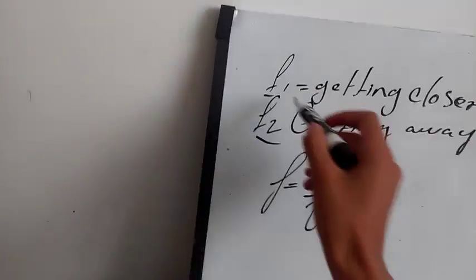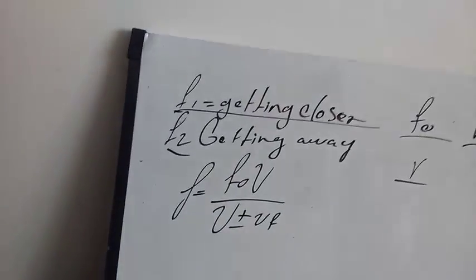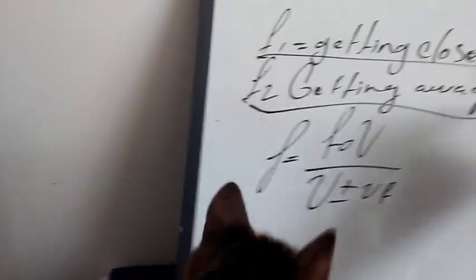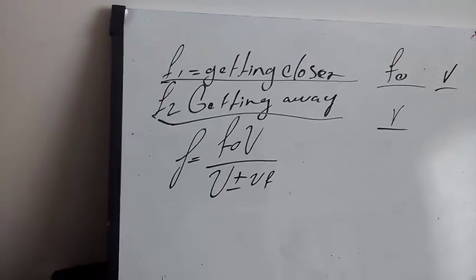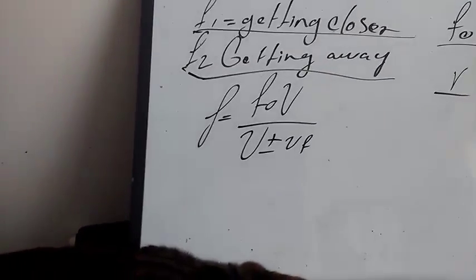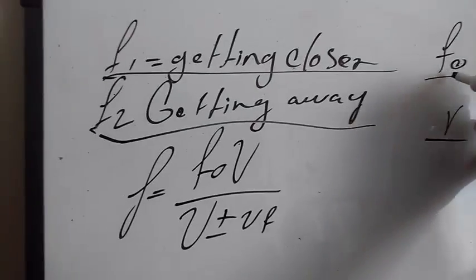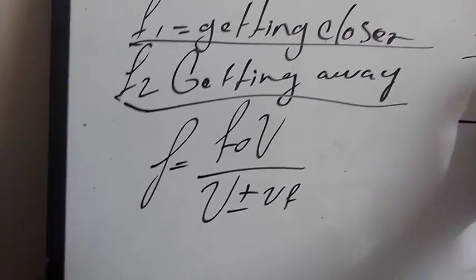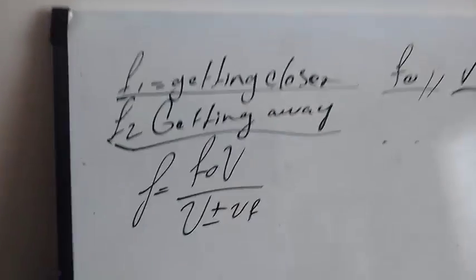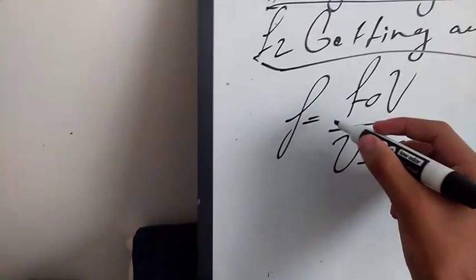Exercise number 4, they ask you to get two frequencies. The frequency 1 is when the object is getting closer, and the frequency 2 is when the object is getting away. They give us the initial frequency, and we have the velocity of the air. What we have to do next is use this formula over here.